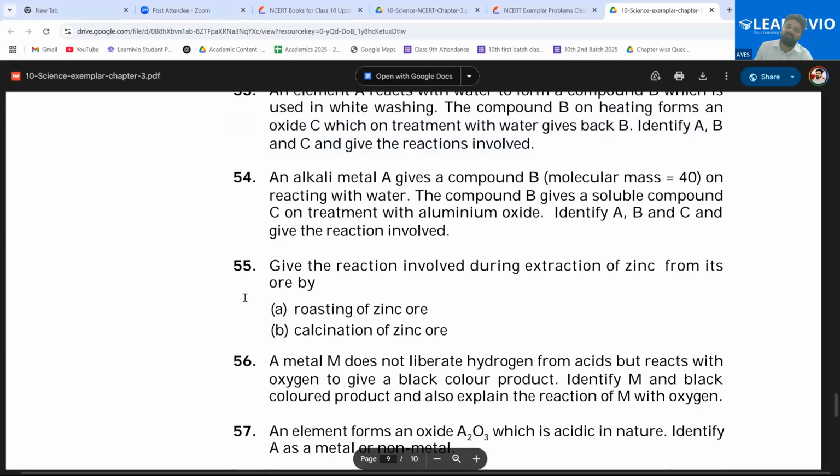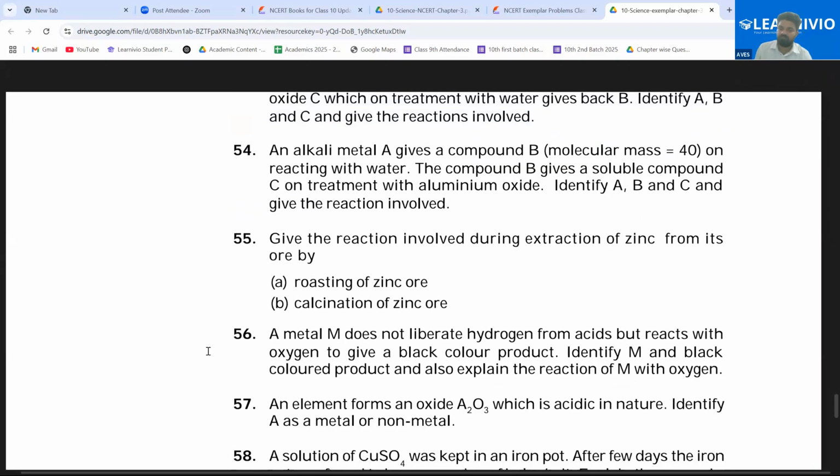Do question number 54 fast. Can you tell me, Umar, what is the answer for question number 54?